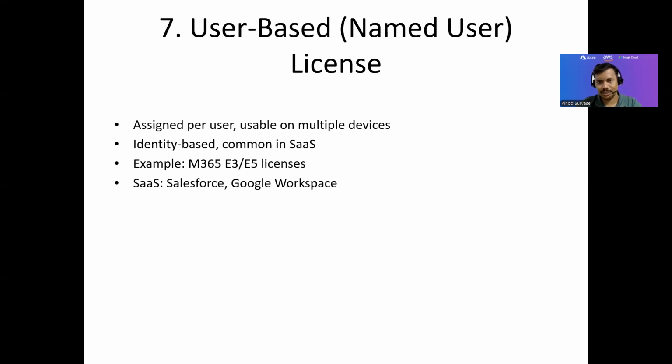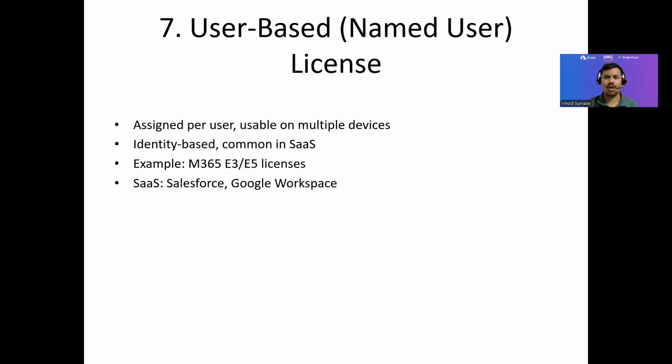The next is user based. For example, named user license. That means we are assigning a license per user, which is usable on multiple devices. So the same license would be utilized on multiple devices, and the same user can access different workloads and different applications, which is based on identity and common in SaaS.